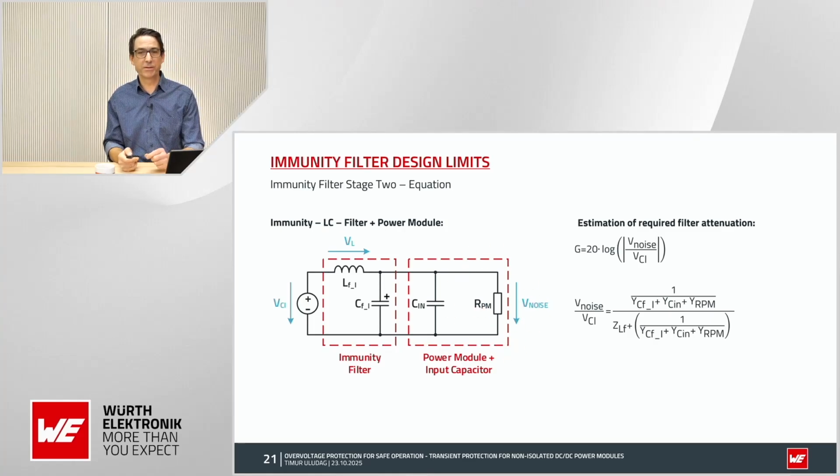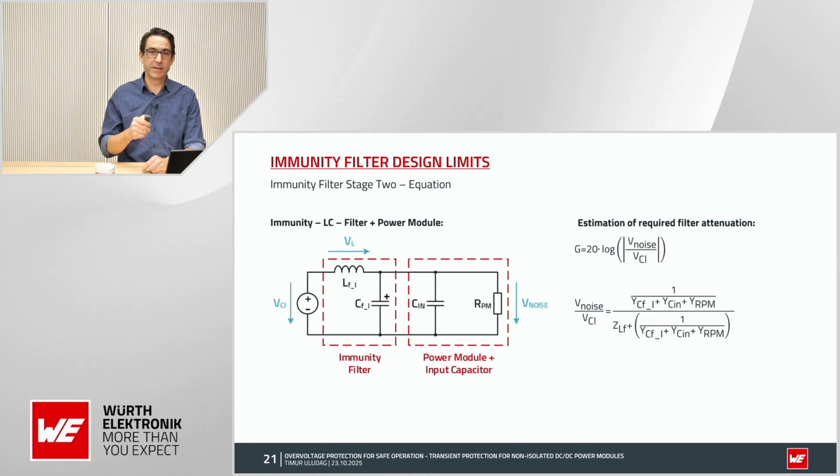That means if we take the same equation from the previous slide, we have to go for V noise to VCL. If we then put in all the values we have for LFI, CFI and all the other ones, we get to this equation here.